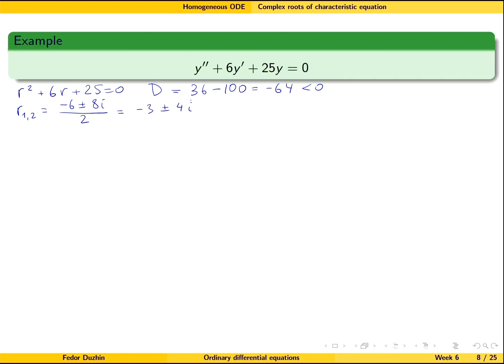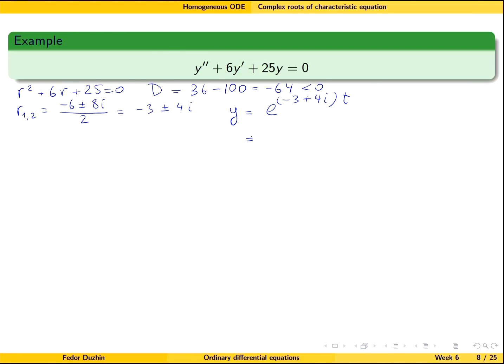Let's just take one of them. It means that the function y equals e to the power (minus 3 plus 4i)t is a solution of this differential equation. Let me rewrite it according to Euler's formula.